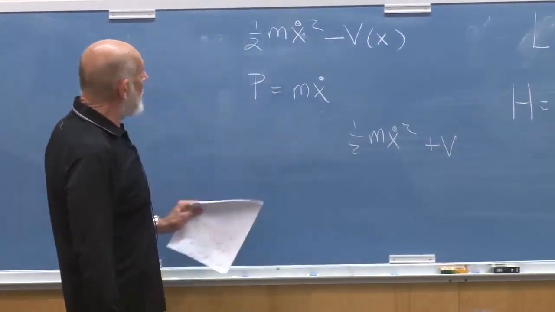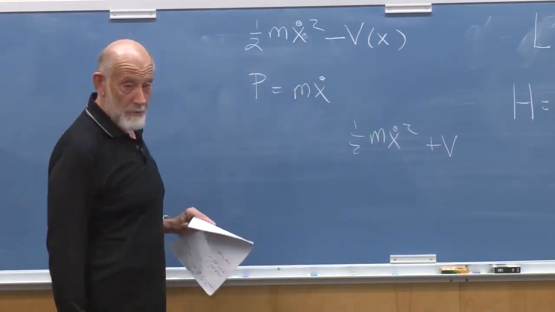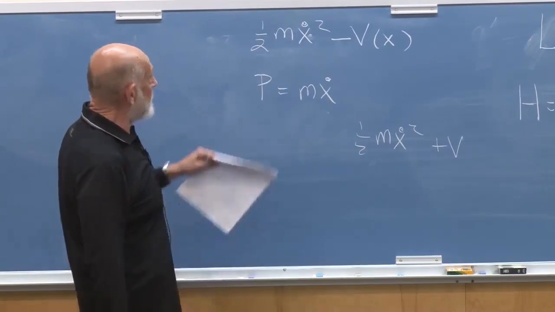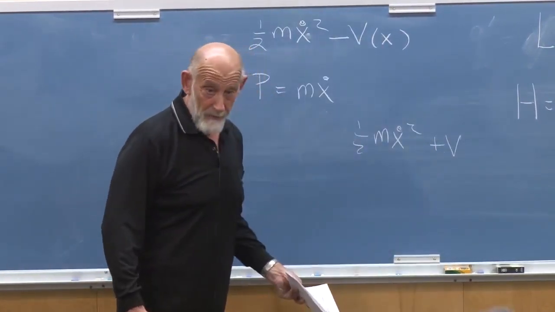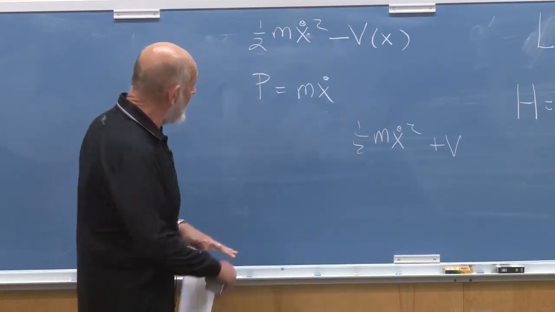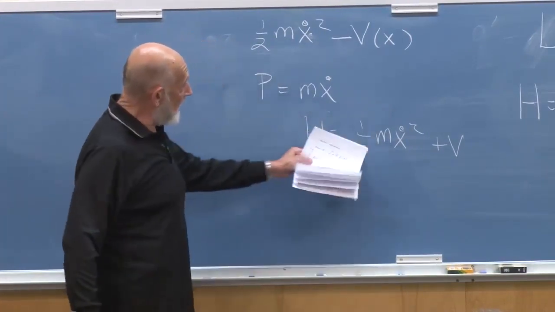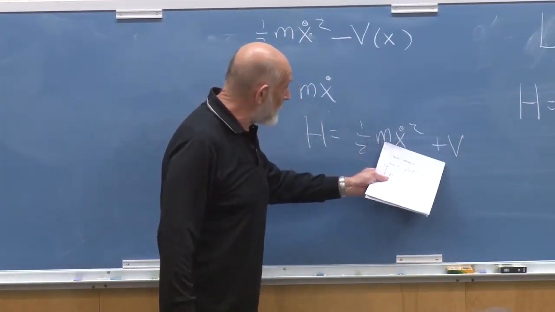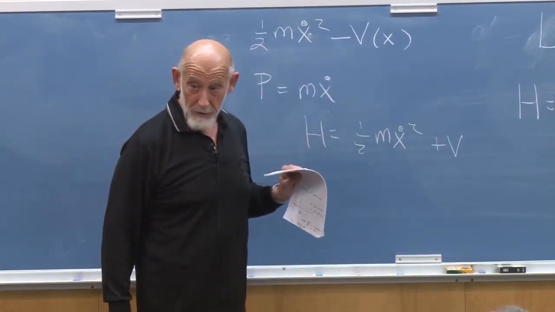The kinetic energy is just the quadratic expression in terms of velocities. The potential energy is the piece in the Lagrangian which doesn't depend on time derivatives. That's it. Notice that in the Hamiltonian, the energy, it's kinetic energy plus potential energy. In the Lagrangian, it's kinetic energy minus potential energy.